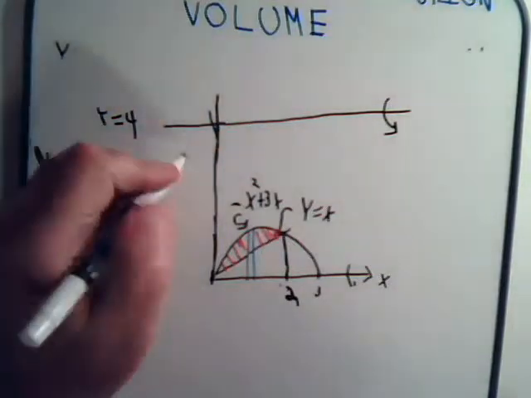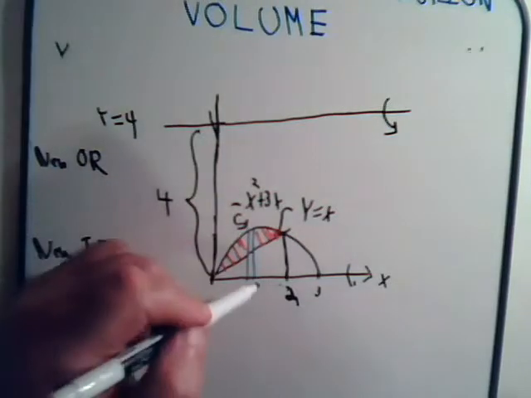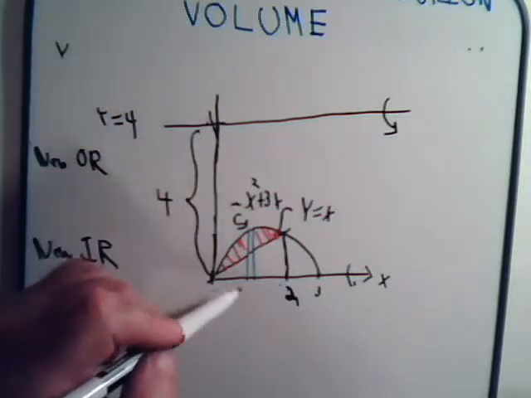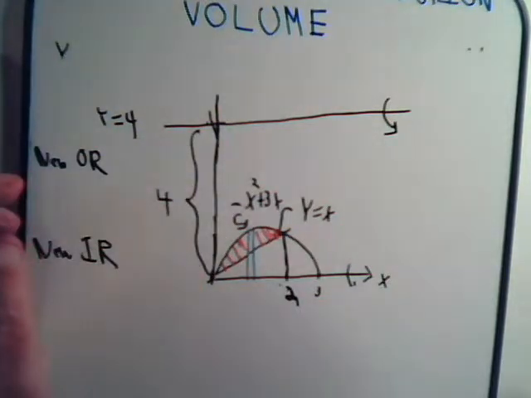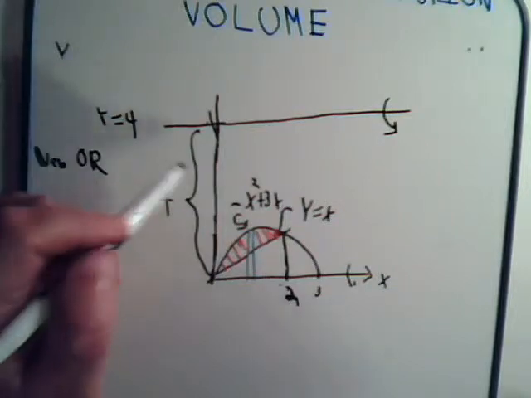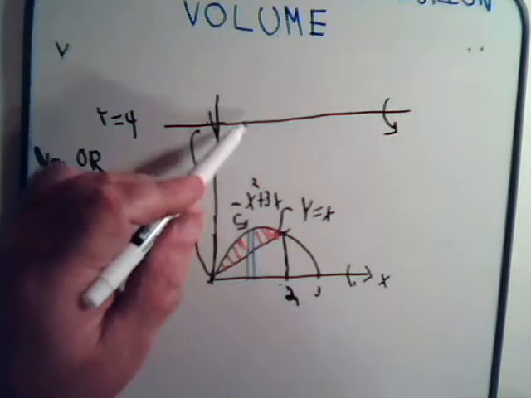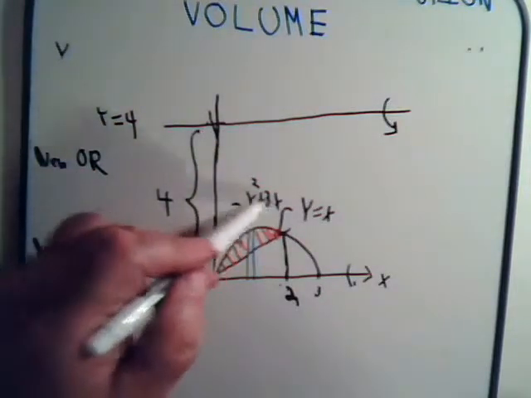Well, this total distance is 4. Starting from the x-axis up to here, this distance from the x-axis up to here is this. So our new outer radius is the distance between here and here, which is going to be 4 minus this.